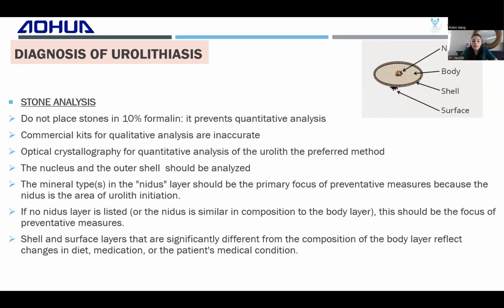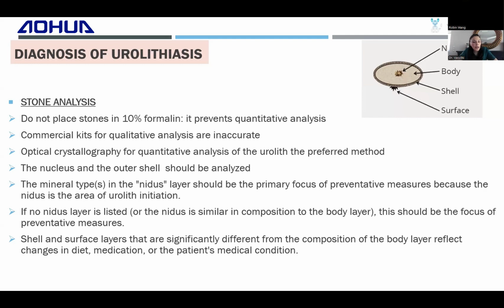The shell and the surface layers that are being deposited upon the body are significantly different from the composition of the body layer, and they reflect changes in the diet, in the medications, or in the patient's medical condition.